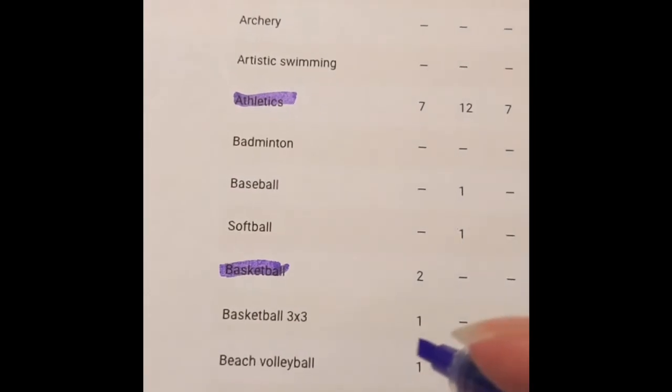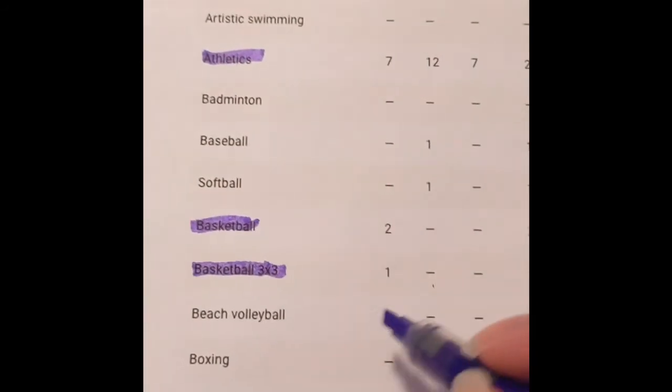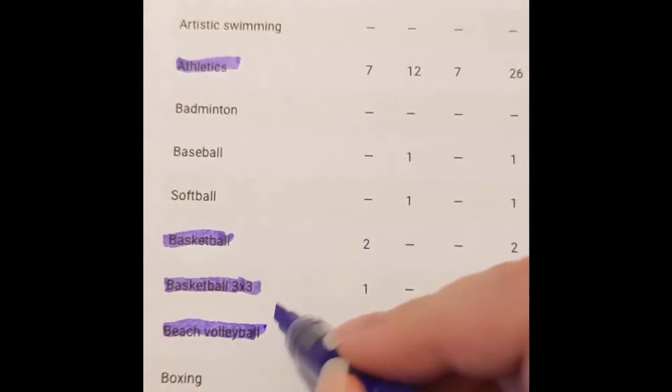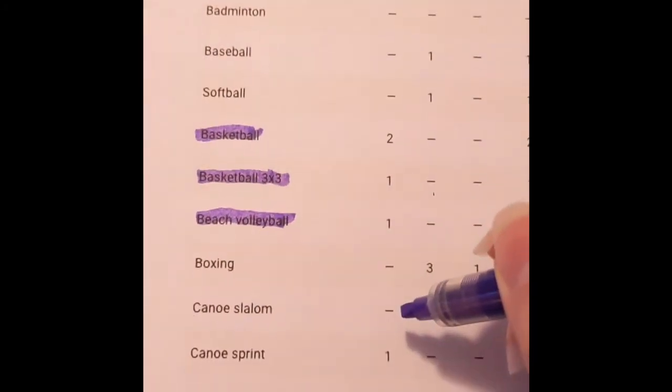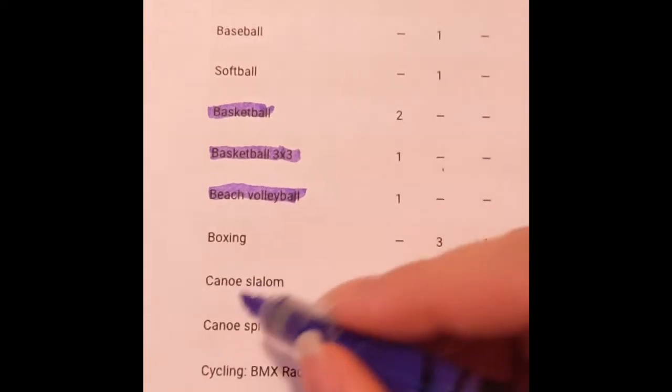One in basketball 3x3. One in beach volleyball. None in boxing, none in canoe slalom. Again, I don't know what that is, but we didn't get any medals, so that's okay. 1 in canoe sprint.